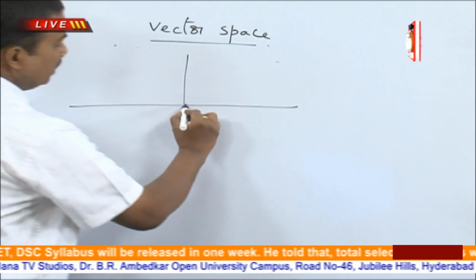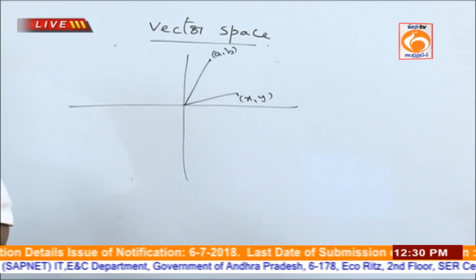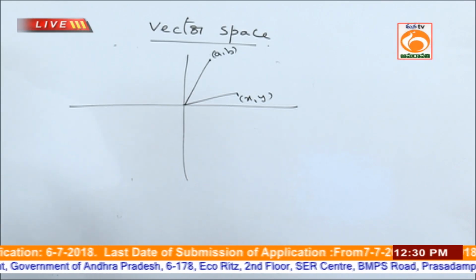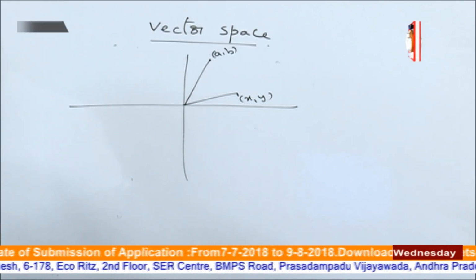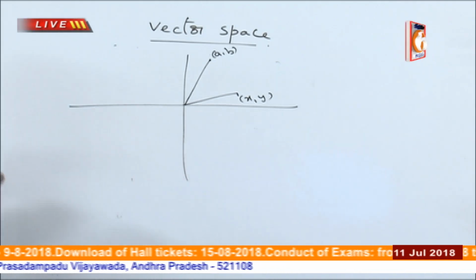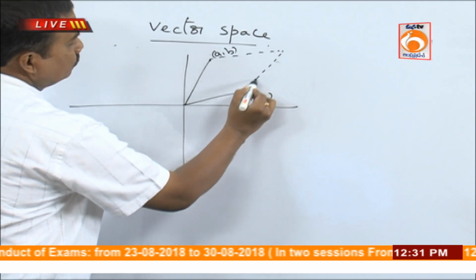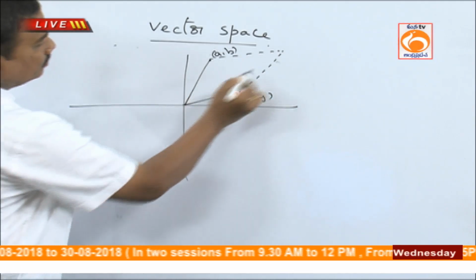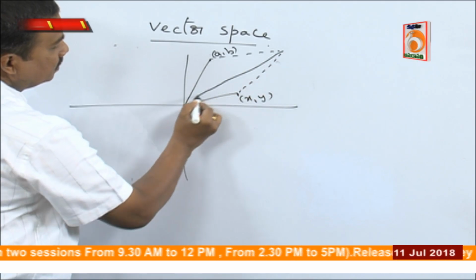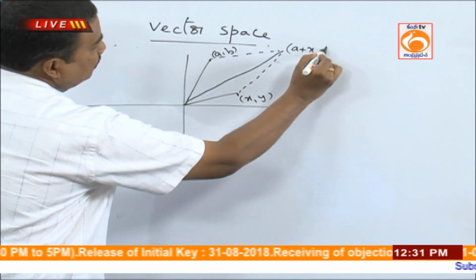Suppose I have (x, y) here and (a, b); the coordinate-wise addition gives (x + a, y + b). How would one have got this idea? It is nothing but the simple parallelogram law of addition. Simply draw a parallelogram covering these 2 vectors and find the coordinates of this diagonal. This comes out to be (a + x, y + b).